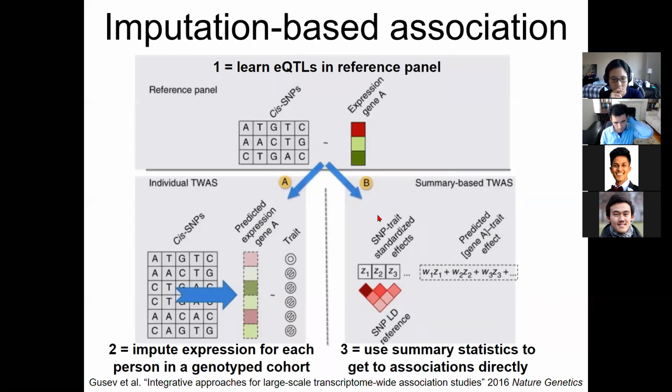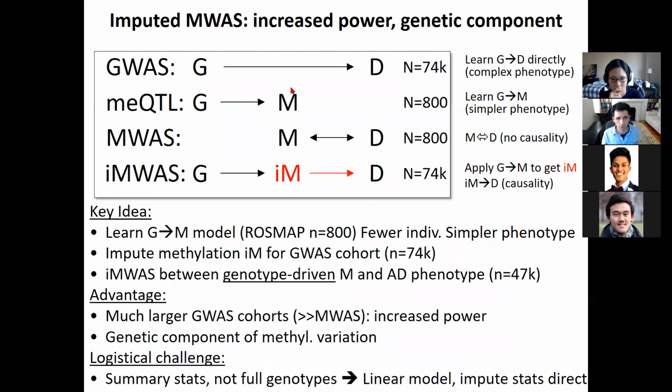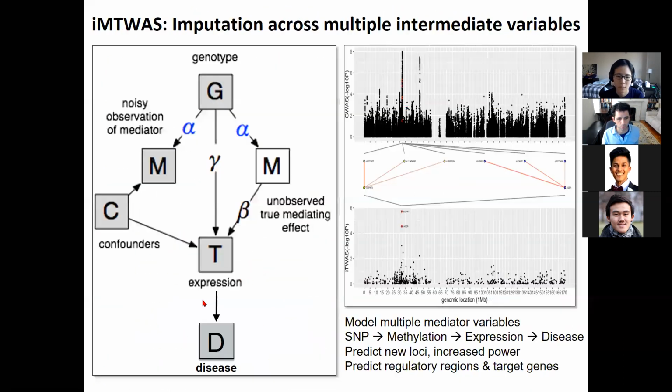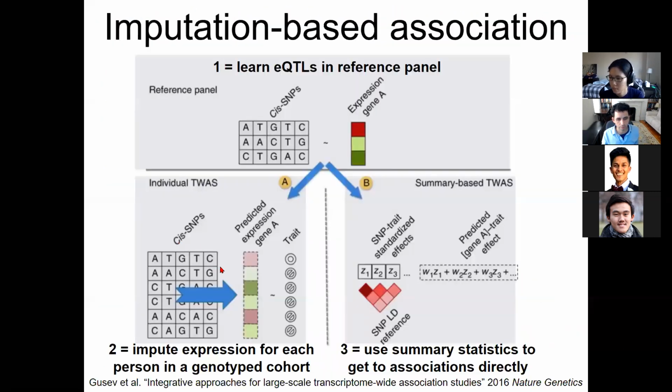As I described earlier, you could impute the expression for every person in a genotype cohort. I have my SNPs, I have my relationship between genetics and methylation, so I can just impute methylation. That's one approach: observing the SNPs, predicting methylation, and then correlating that with the trait.